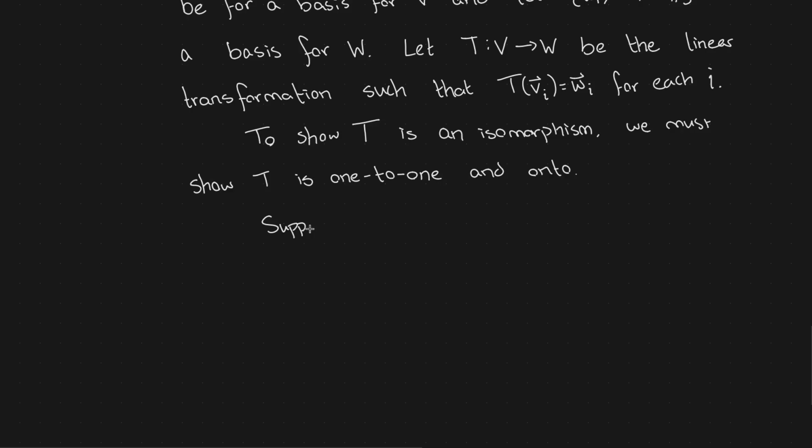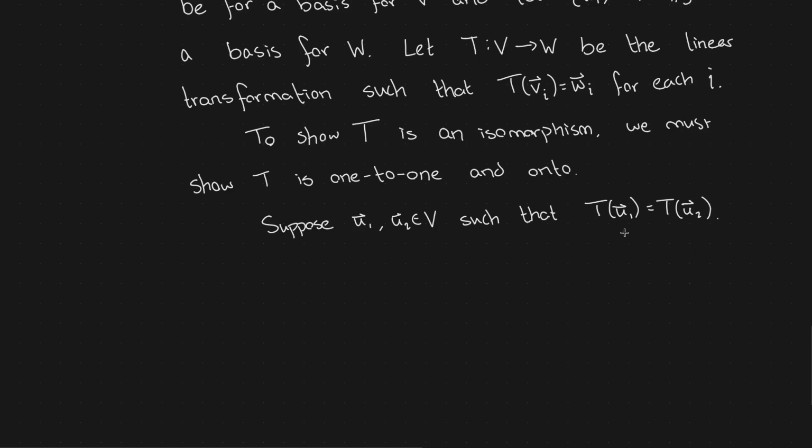Suppose we have two vectors in V, and that their transformation gives me the same value. So the transformation of u1 and the transformation of u2 are equal to each other.